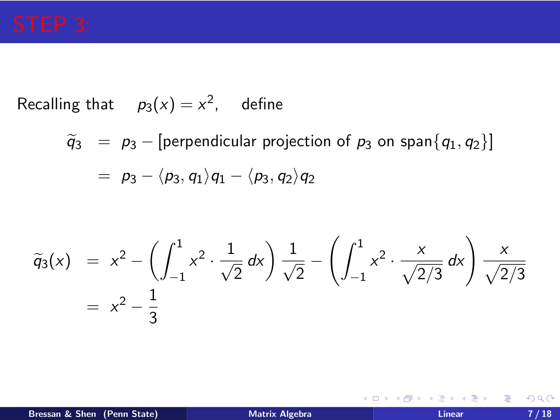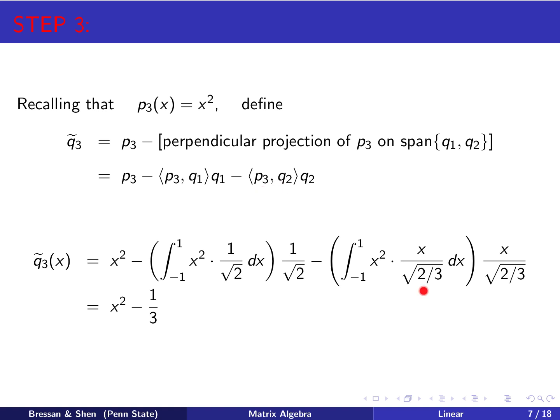All right, let's plug in. P3 is x squared, and P3 inner product Q1 is the integral of the product of these two, where Q1 is 1 over root 2, minus the inner product of P3 and Q2.